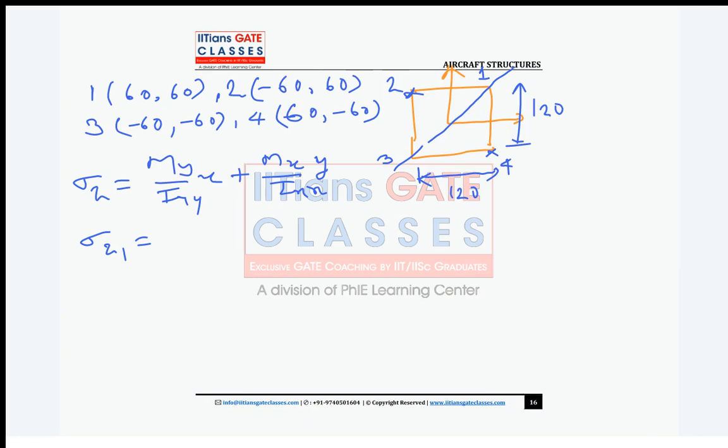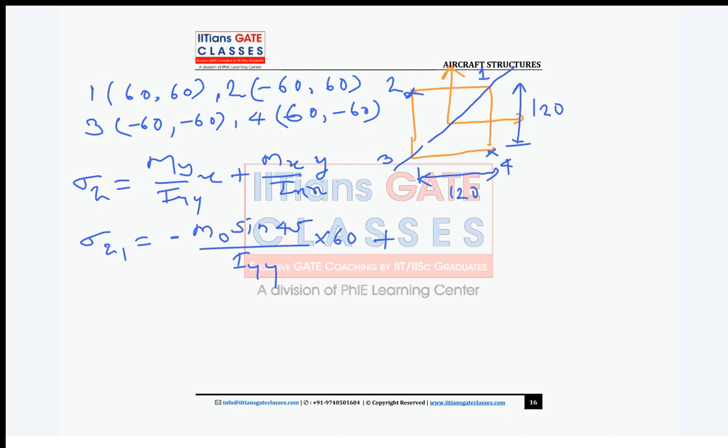So what is your My? It is M naught minus M naught sine 45 upon Iyy. Currently Ixx and Iyy value you guys don't substitute. Okay, we can substitute later. And what is your X coordinate for point 1? It is 60. Then what is your Mx?